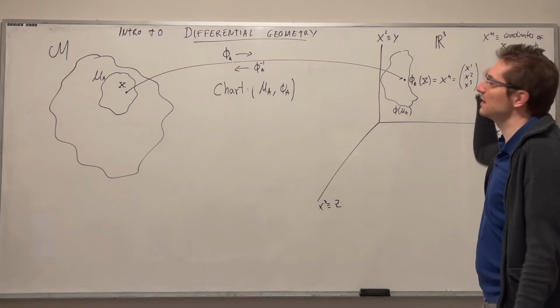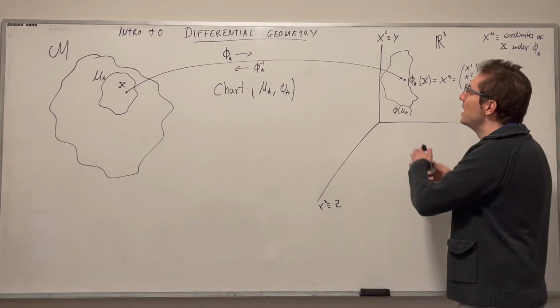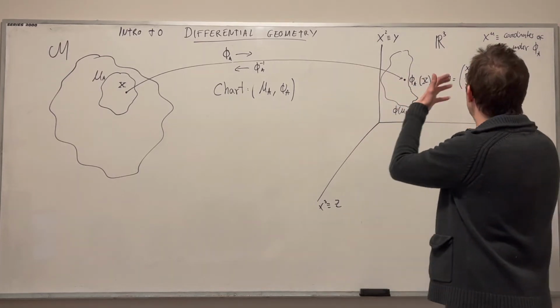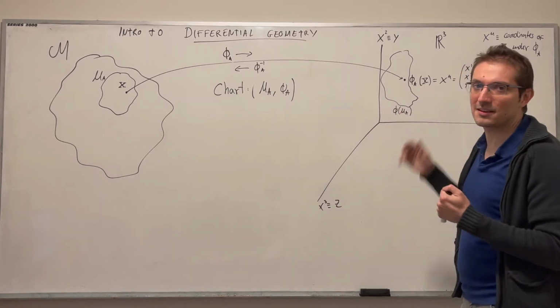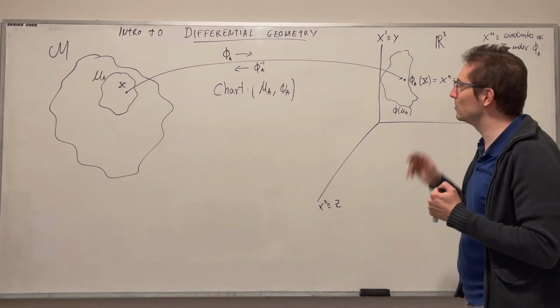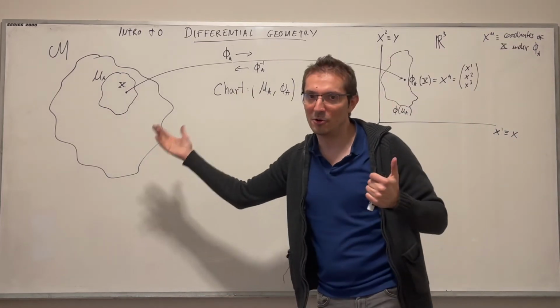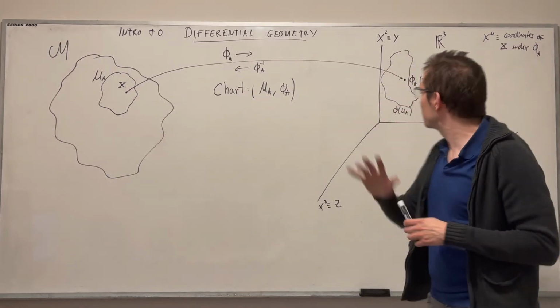I wrote R3 as an example in this case. If R3 is the smallest Rn to which you can do these maps, the dimension of the manifold would be 3. But anyway, let's keep going.